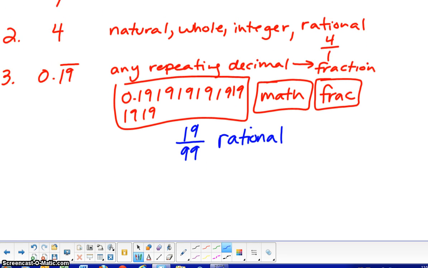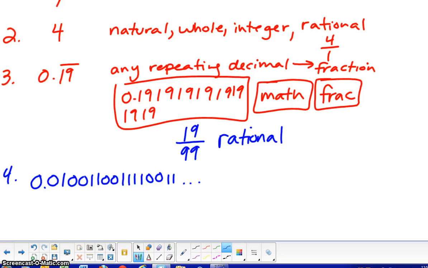Okay, let's try another one. Example number 4 is 0.010011 001111, and 011. With the dots, it says it goes on forever. Okay, so is there any particular pattern?